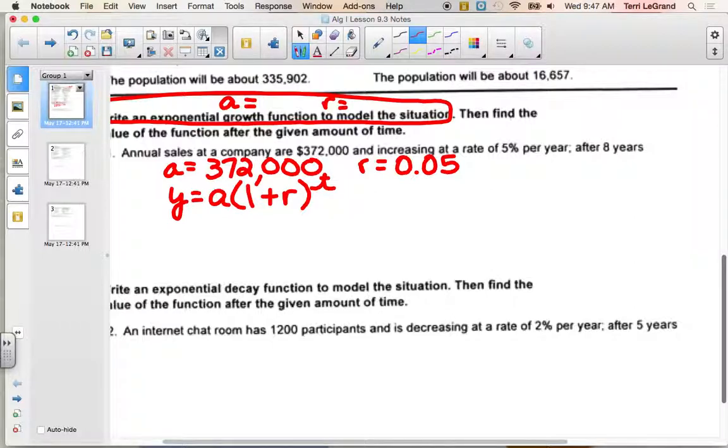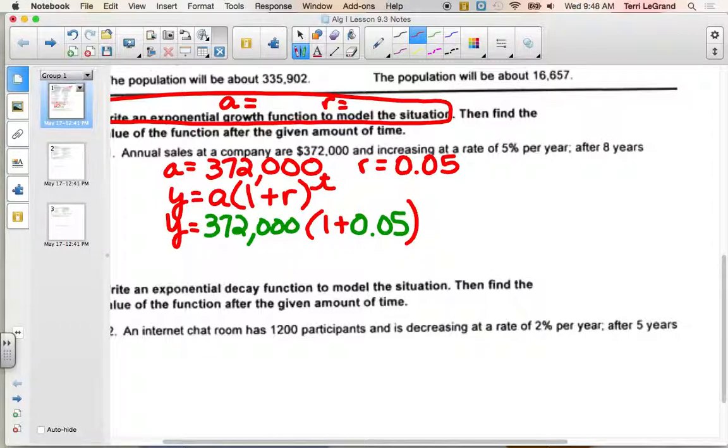And remember, we're only replacing the a and the r. So we're going to have y equals, we're going to put 372,000 in for our a value. We're going to substitute that 0.05 in for our r value. And we're still going to have t out there.